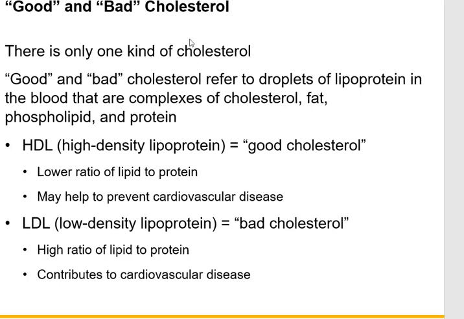I like that the author made a point to say there is only one kind of cholesterol. So when people talk about, oh, you have so much of the good cholesterol, or you don't have enough of the good cholesterol, you got too much of the bad cholesterol, that is a misnomer, because there's only one kind of cholesterol, and it looks like that chicken wire stuff. But if you have wads of cholesterol that are complexed with other fats, with phospholipids, with proteins, then you have what we call high-density lipoprotein.